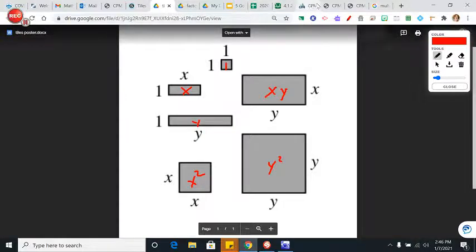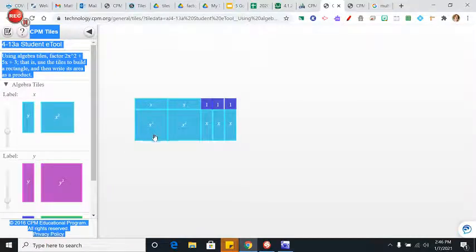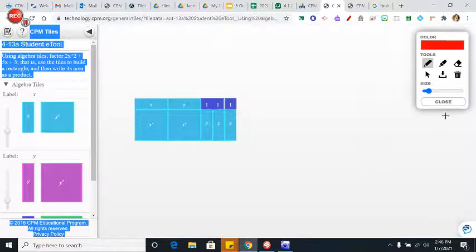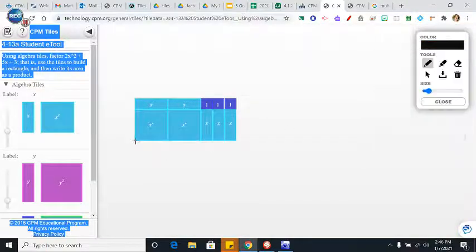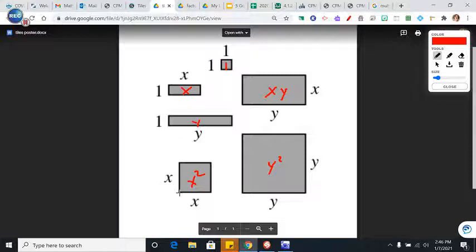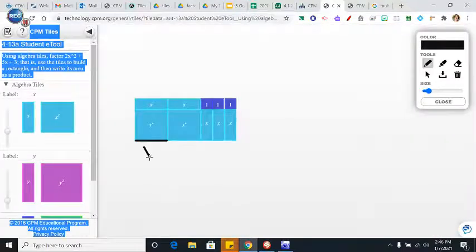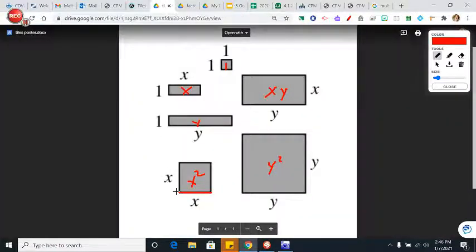I'm going to write the area of this rectangle as a product, and the way I'm going to do that is figure out the length of each of these tiles. The length of the X squared tile, right here, is X. The width is also X, right here.